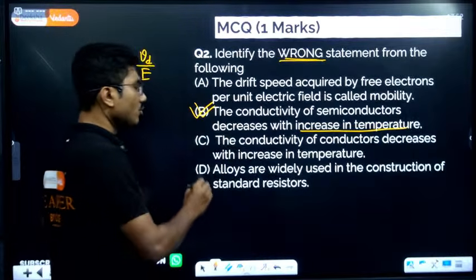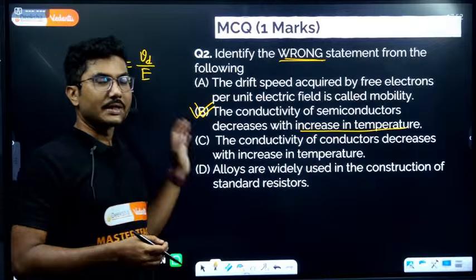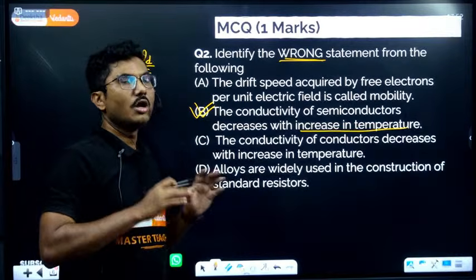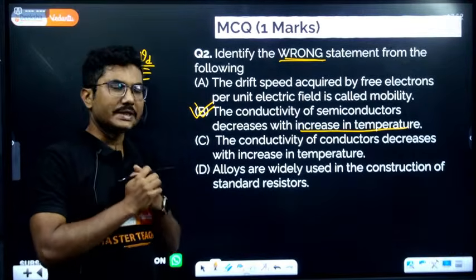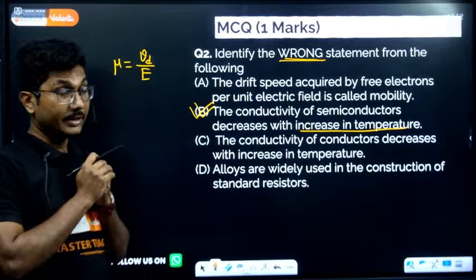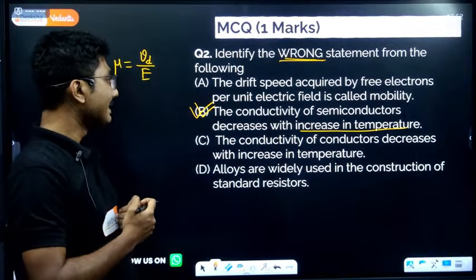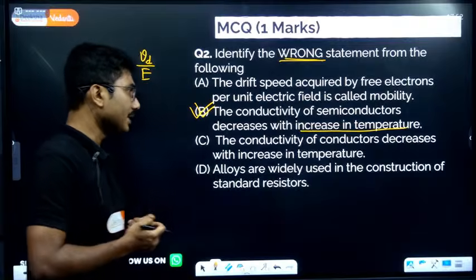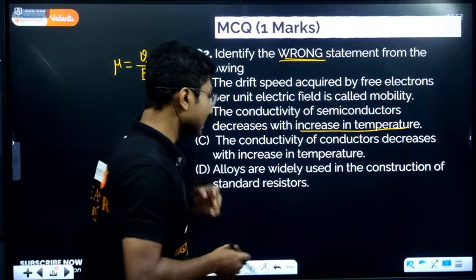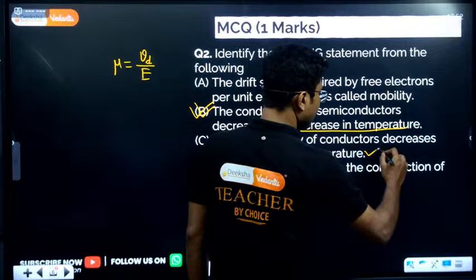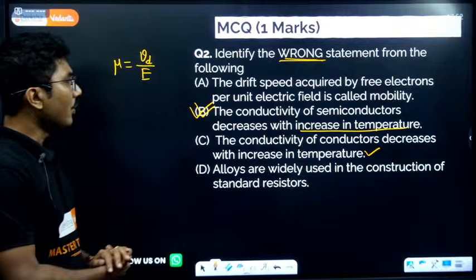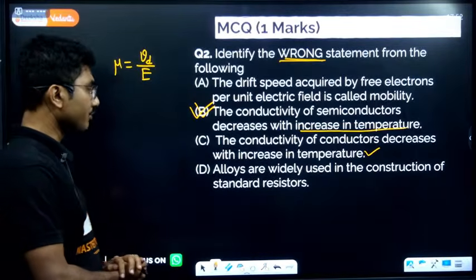Let's check the other two options as well. Whenever you are answering, always make sure you read all four options. You will always get enough time to read all the options. The conductivity of conductors decreases with increase in temperature. This is the correct statement. Alloys are widely used in the construction of standard resistors.